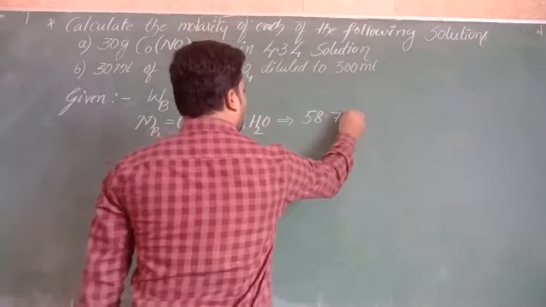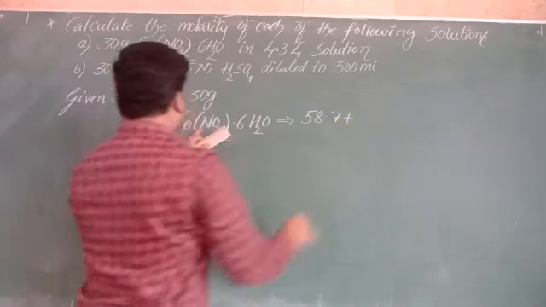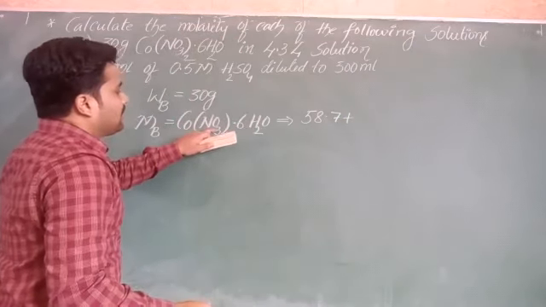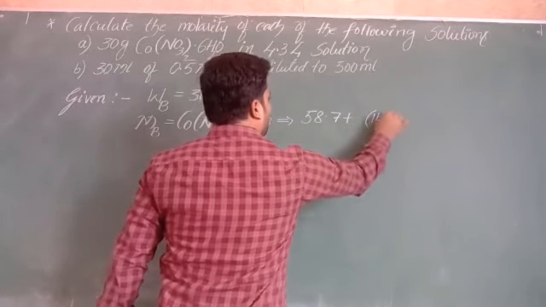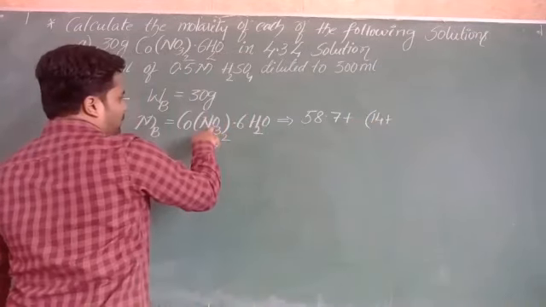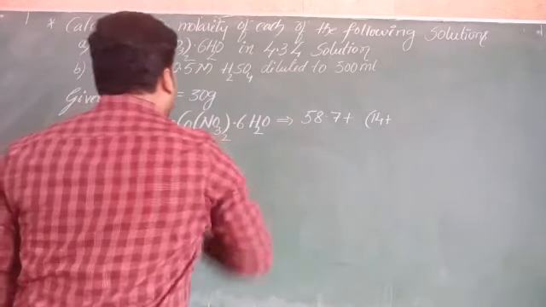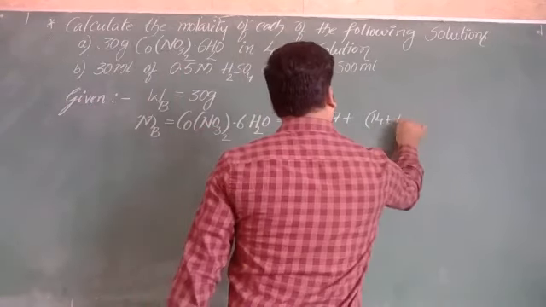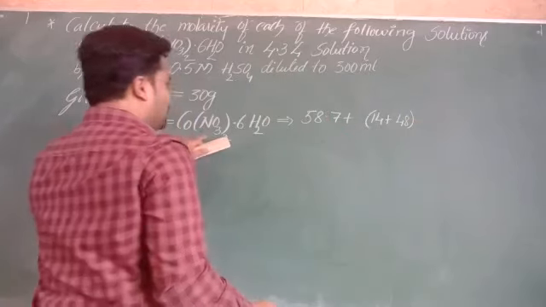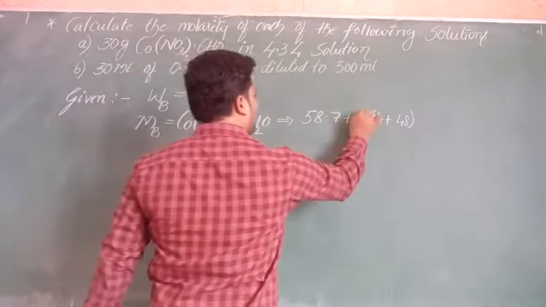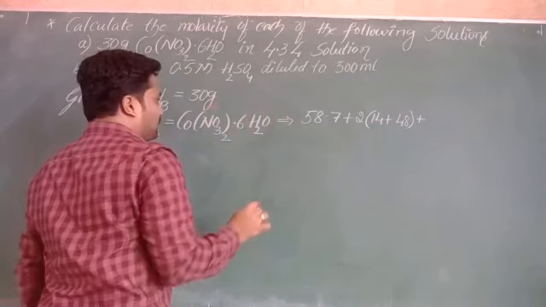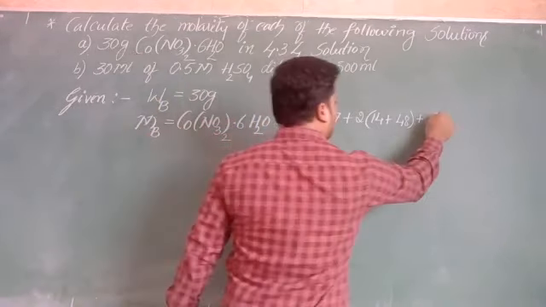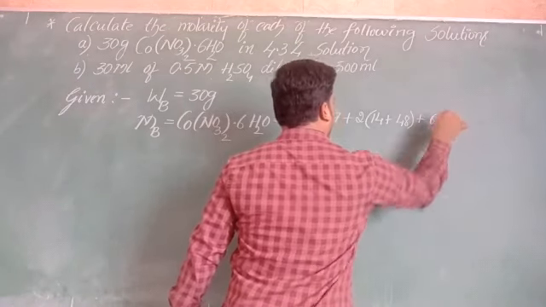If you calculate the molar mass of this one, cobalt's atomic mass is 58.7, plus here you have nitrogen and oxygen. Nitrogen is 14 plus oxygen 16 into 3, that means it is 48. The next term is twice, that means 2 plus. You know the molecular mass of water is 18, that is 6 into 18.